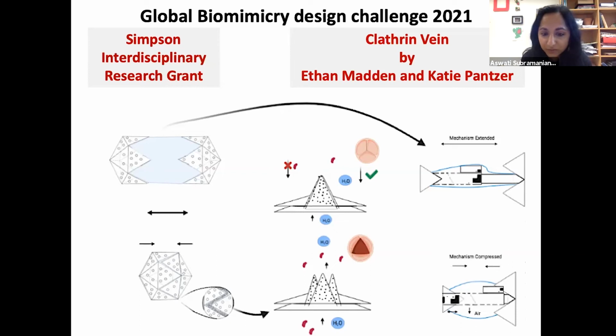And they were inspired by form and functions in biology, such as the heart valves and systems. And their participation was appreciated by the judges. They got great feedback from the judges.